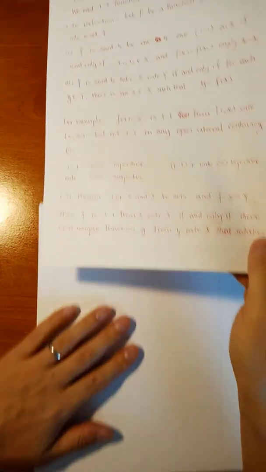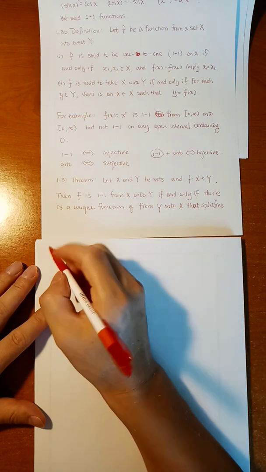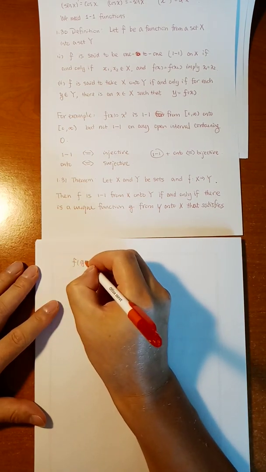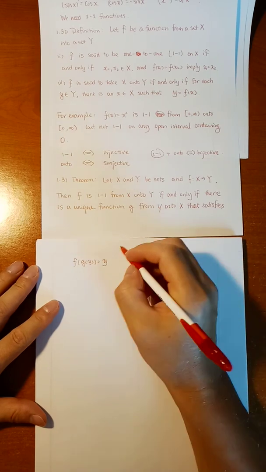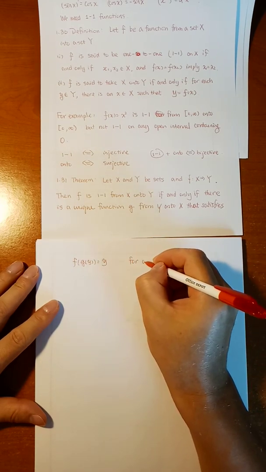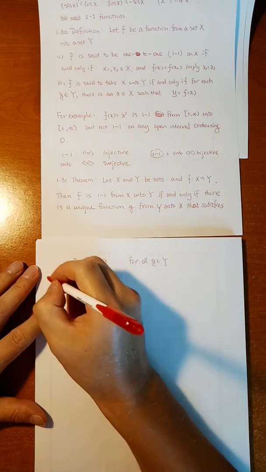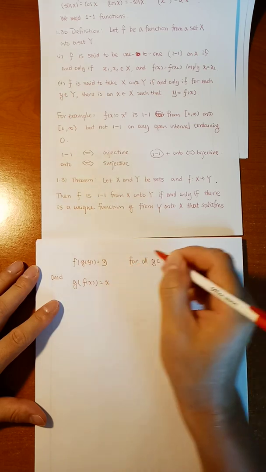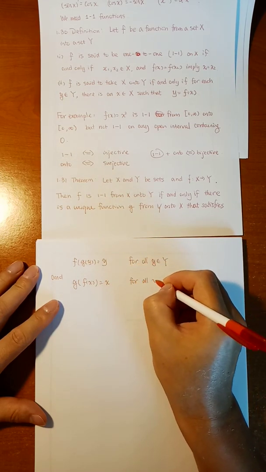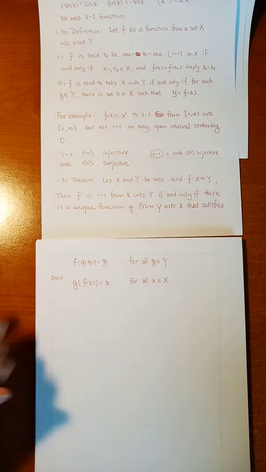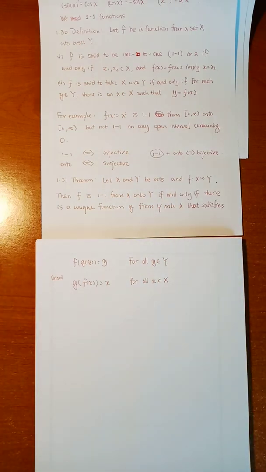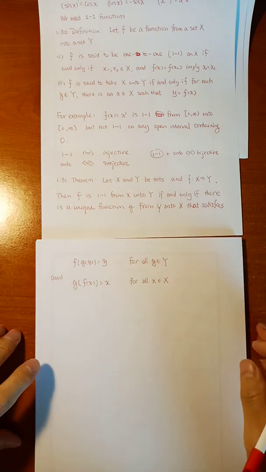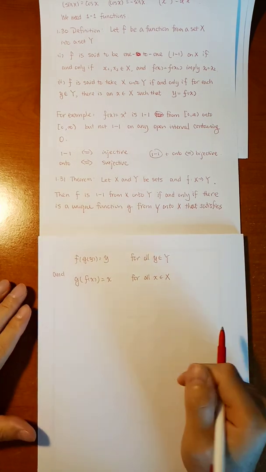Okay, so which two conditions? Condition 1, f(g(y)) is equal to y for all y in Y, and g(f(x)) is equal to x for all x in X. Okay, so the one-to-one and onto, the bijection, is equivalent to the existence of such a function g.